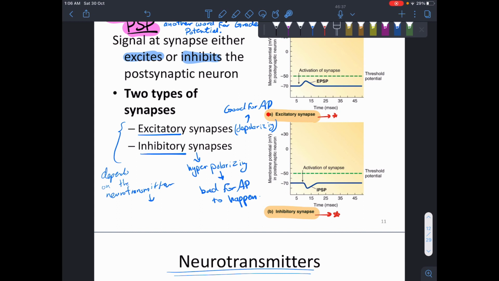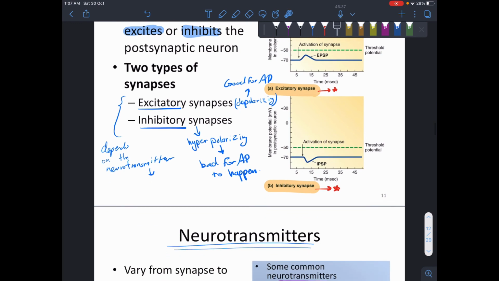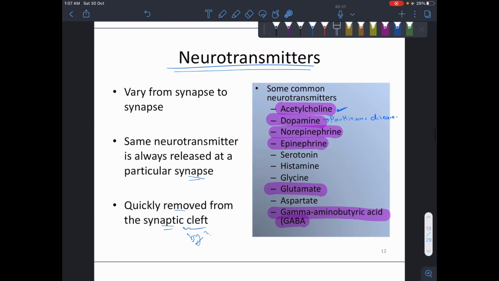If I had another EPSP and another EPSP and we sum it all up, we could have an action potential at the end. But here, with IPSP, if I have two IPSPs, it will never get to an action potential. It's just going to go further down away from the threshold. So this is basically the idea.